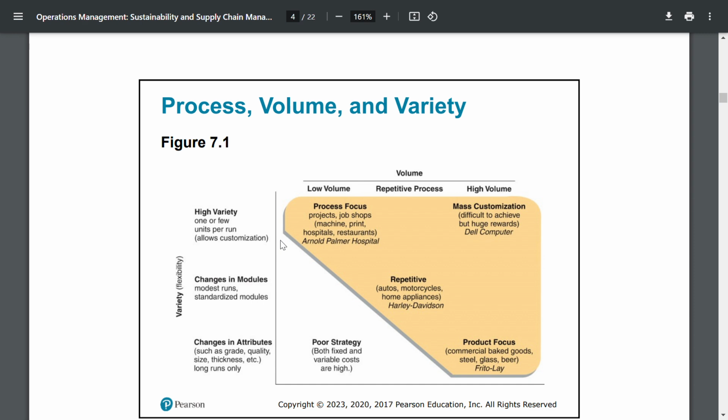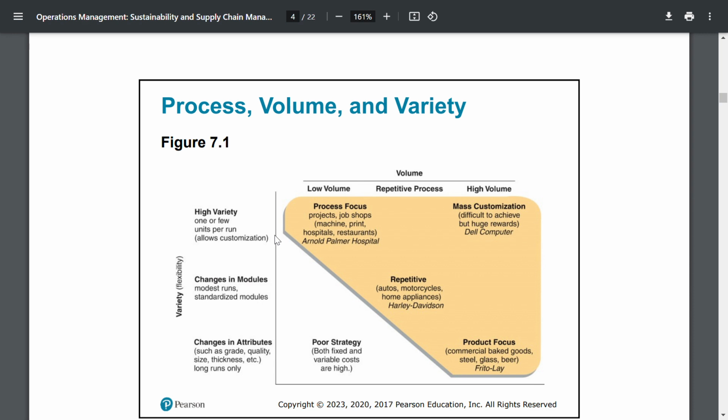Let's say one type of car which is Range Rover, or another car which is a Jaguar. So we're gonna produce two Jaguars, then two Land Rovers, and then also three Mazdas. So few units or even one unit per run, and this is very high variety. We are changing the production every unit or few units.